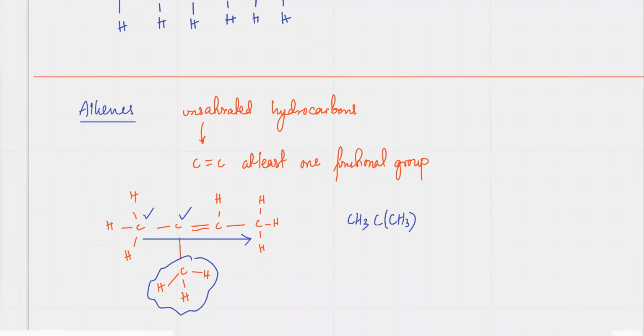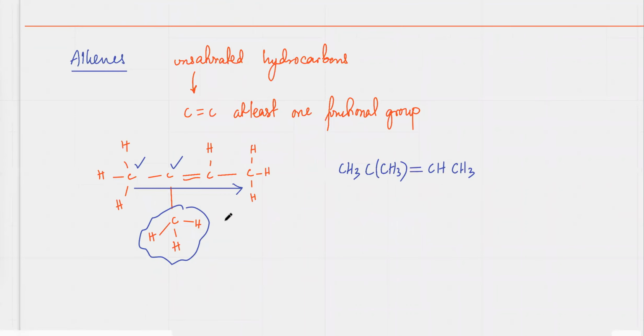And then you can choose to show the double bond or not. There is a double bond after that. Then you have another carbon with an H followed by a CH3. So that's the condensed version of the molecule.